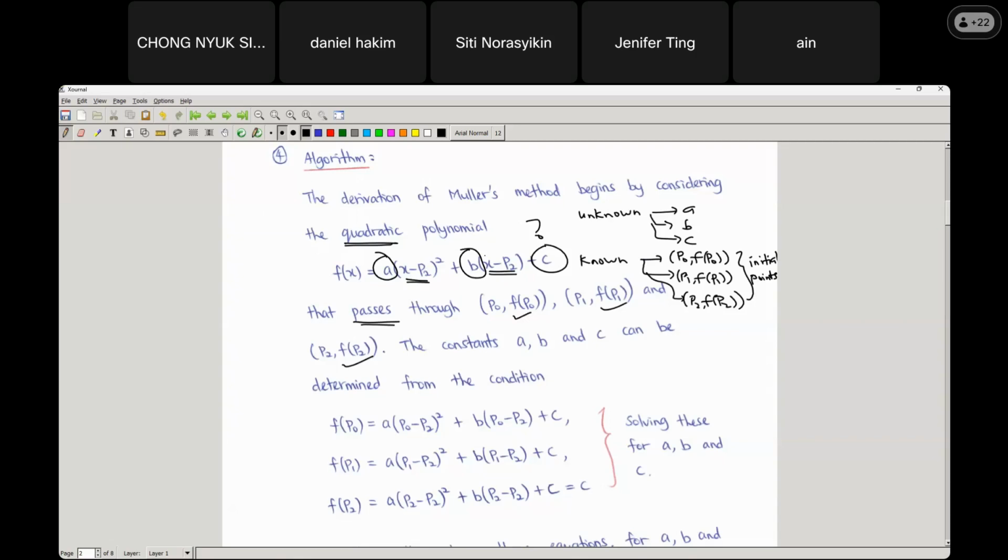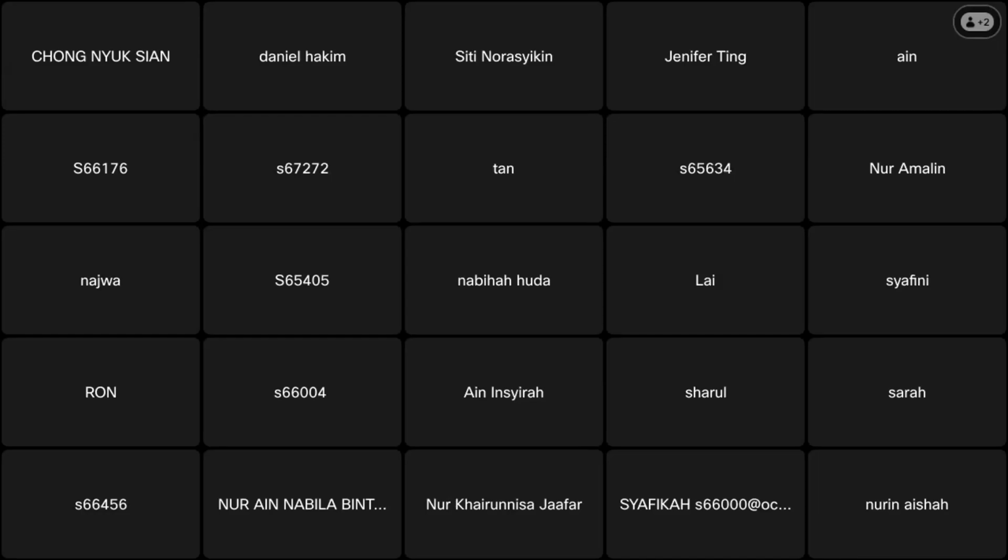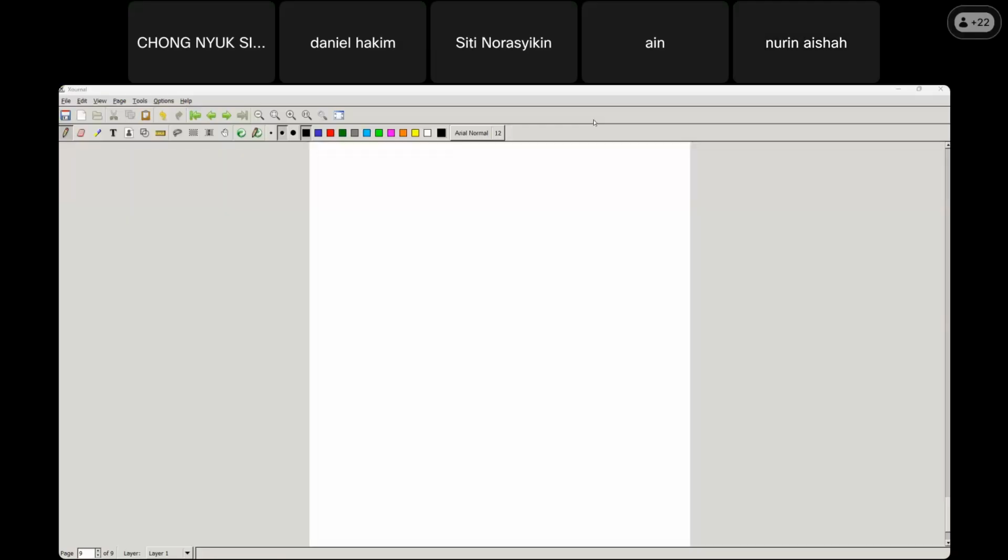Okay, let me stop sharing this. I need a paper. Let me write on this piece of paper. We have f(x) equal to a times (x minus p2) squared plus b times (x minus p2) plus c.